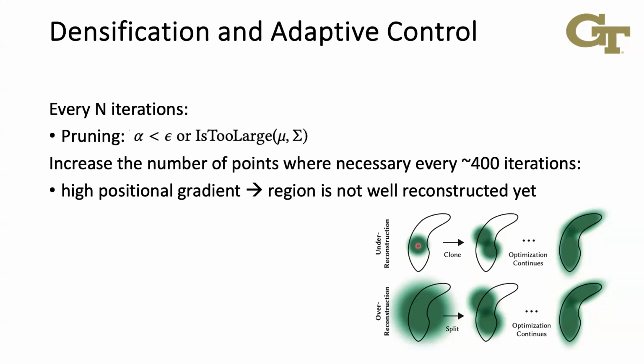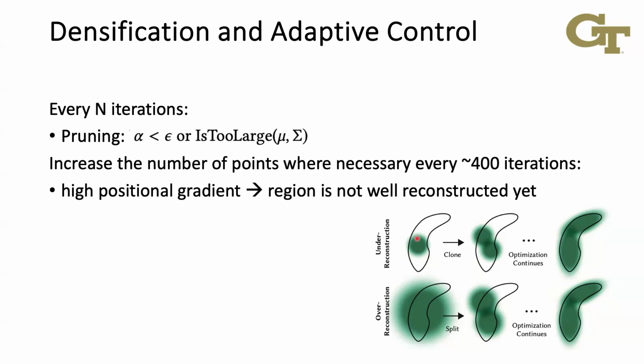So if I tweak the position of my Gaussian, how much does that influence the loss? You can also think of this as that little knob that I started the lecture with. If I tweak that knob, how much does that influence our resulting loss? And if this is high, then tweaking this Gaussian and putting it a bit further away results in a huge change in the loss function. That means this Gaussian is probably not at the right spot, and the region is not well reconstructed yet.